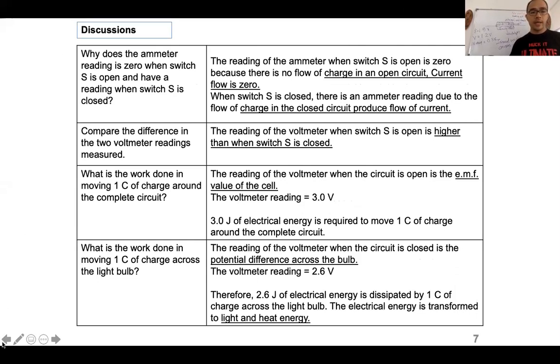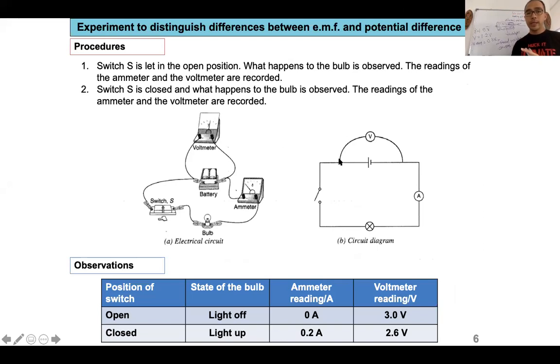I want to mention that this is the experiment that you're going to be doing the moment we get off from this MCO. So I've already mentioned this. Please prepare the experiment report for this. This is a non-hypothesis experiment because you just have to do this and you have to draw the graph later, which we'll talk about in a while.